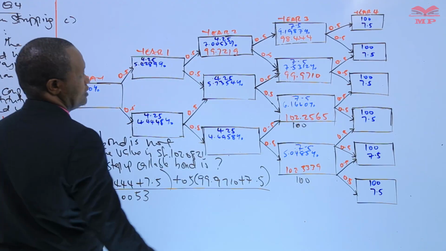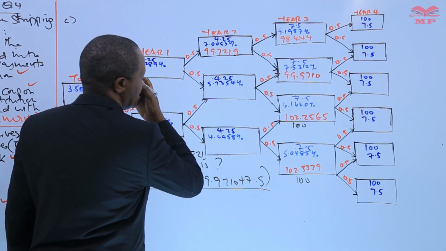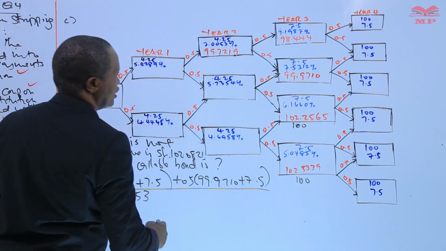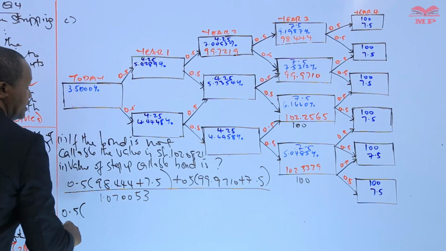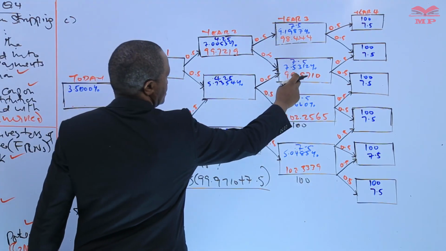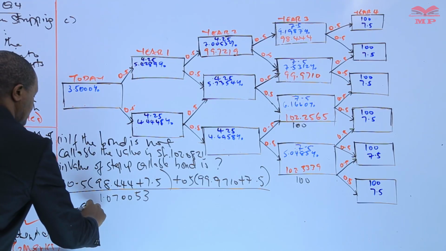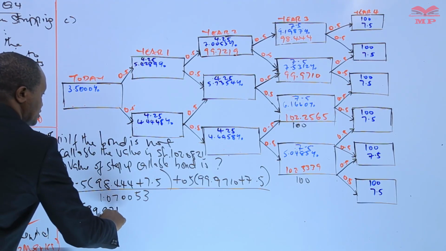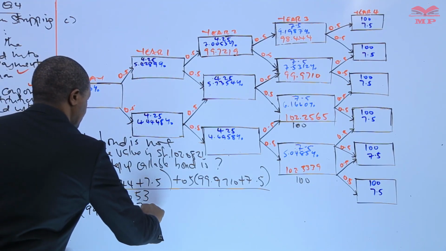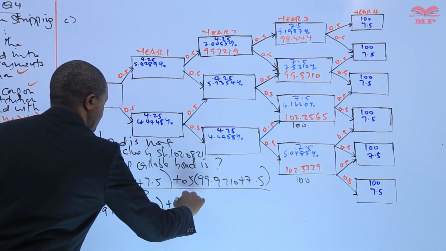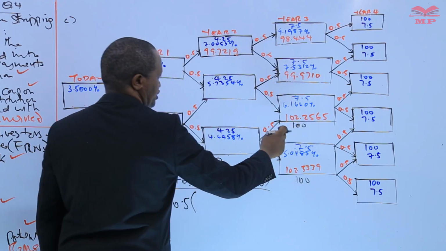You understand? Here, the bond is callable at par. It's going to have 0.5 into this value. This is below the par value, 99.9710 plus 7.5 plus 0.5. Now at this point, we are using 100 and not the 101.